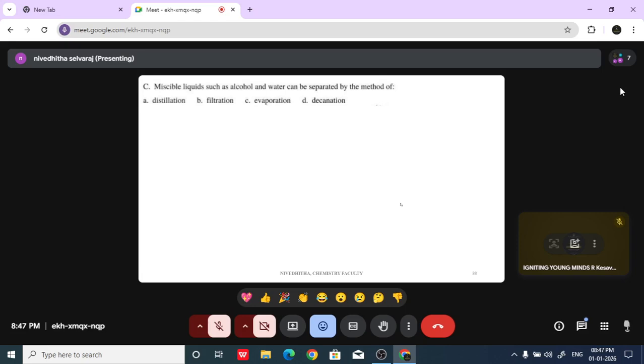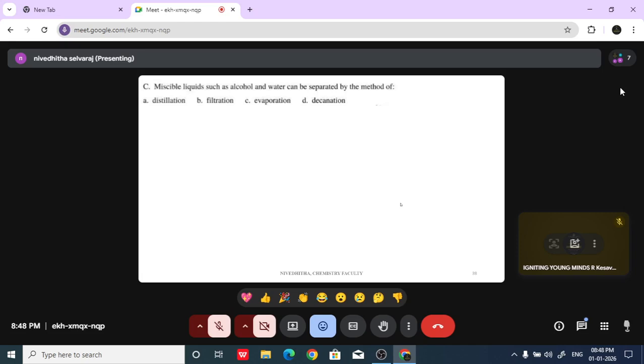Now we have to separate alcohol and water. What method can we adopt for the separation? Distillation, filtration, evaporation, decantation. Evaporation, ma'am. Distillation, ma'am.